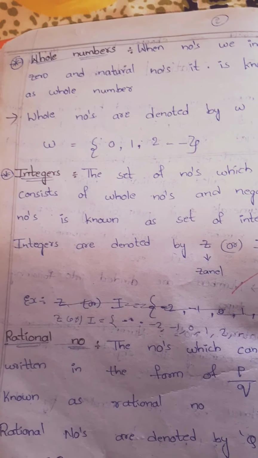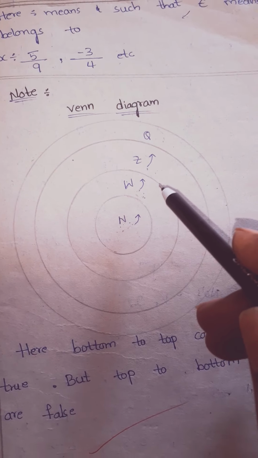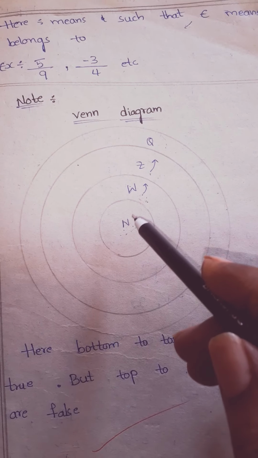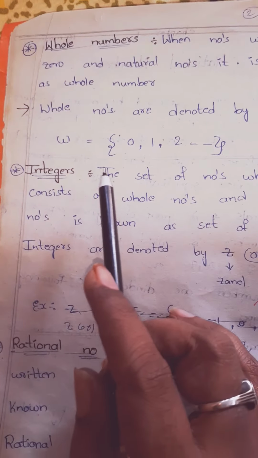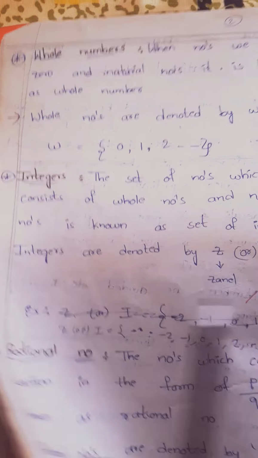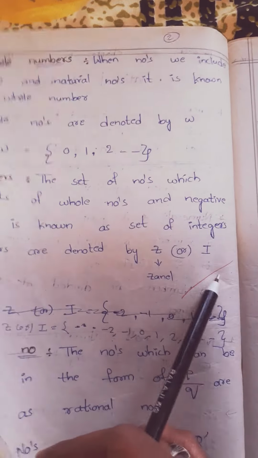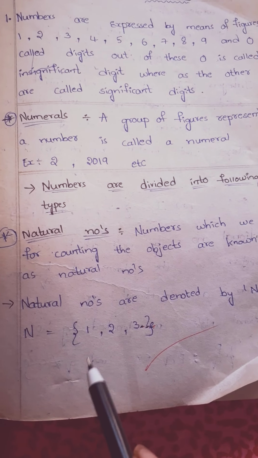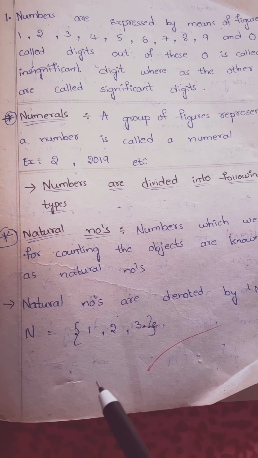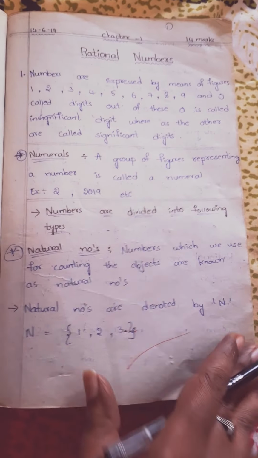The condition is satisfied. But from top to bottom, every whole number is not a natural number. Why? Because whole numbers start from 0, 1, 2, 3, while natural numbers start from 1, 2, 3 and so on. Here 0 is missing, that's why every whole number is not a natural number.